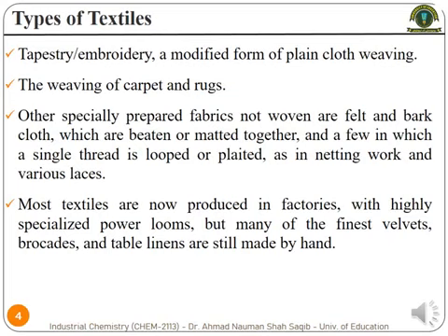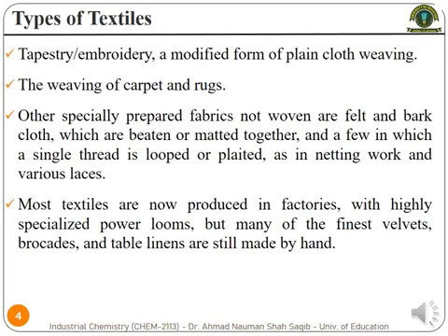And normally these days mostly these products are prepared in factories on different kinds of machines which are used for that purpose. Most of the products we use these days are machine produced, but still जो कुछ अच्छी products हैं, there are some really fine velvets, brocades and especially the table linens, they are still made by hand.